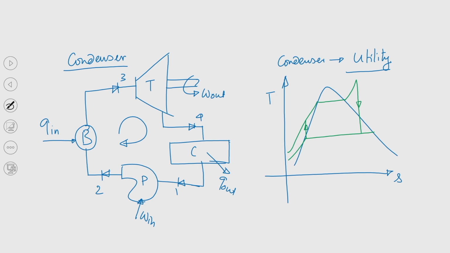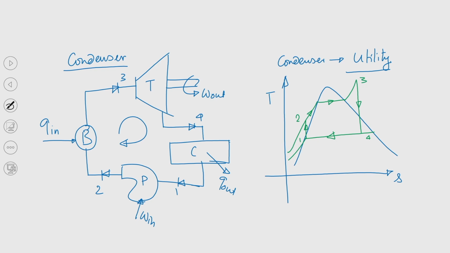So this is 1, this is 2, and this is 3, this is 4, right. So, this is the TS diagram, that means we have been able to map the processes which are there in this cycle in this thermodynamic plane.